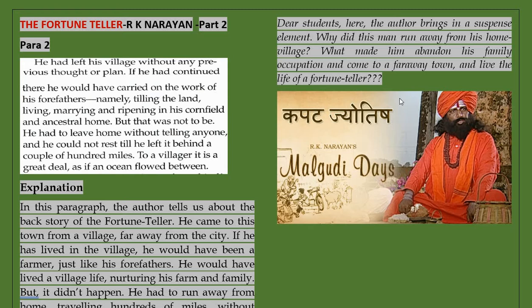In this second para, more details about the personality of the fortune teller is given. But you may observe that the author is not disclosing the complete information, but only bits of it.